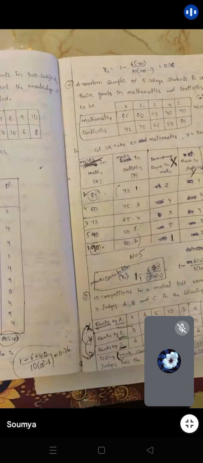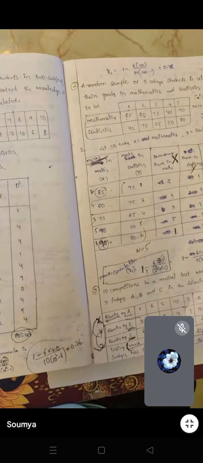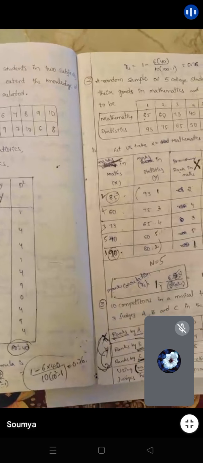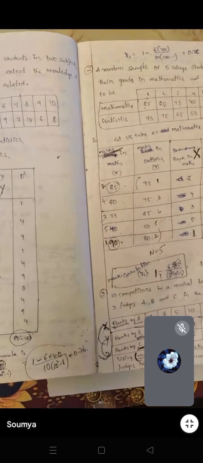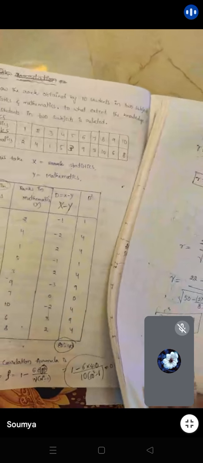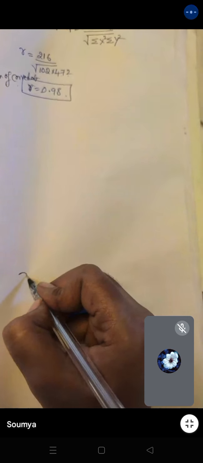For the previous problems, you just have to memorize the formulas. That's it. What is the coefficient of correlation? r is equal to summation xy by under root summation x square summation y square, which you have to memorize. When will we use this formula?